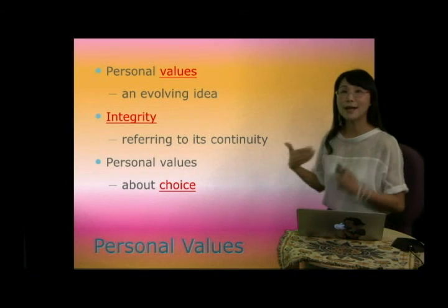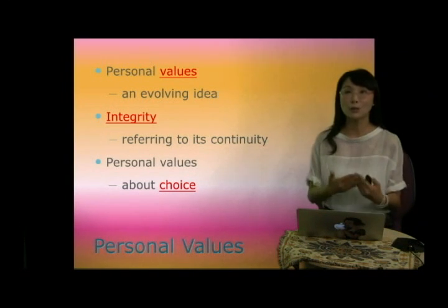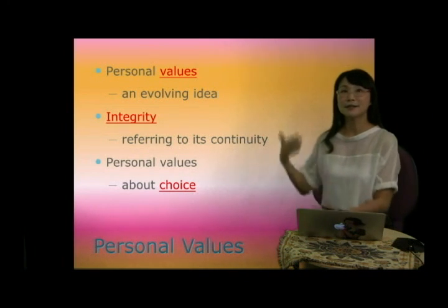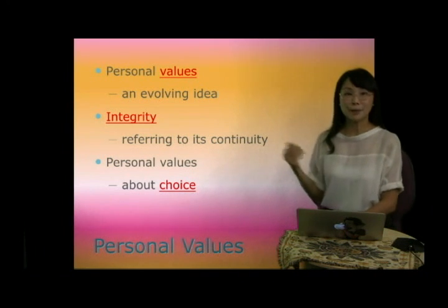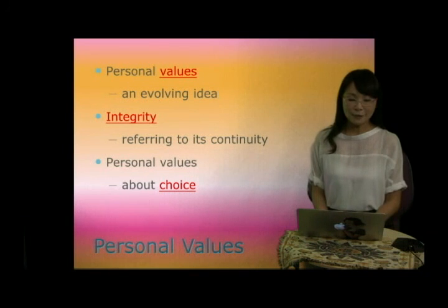So what does it mean? When people have their own values, they think about what is the right thing to do, then they keep doing this right thing, then this is this person's integrity. And personal values, in a simple way, are related to choice.